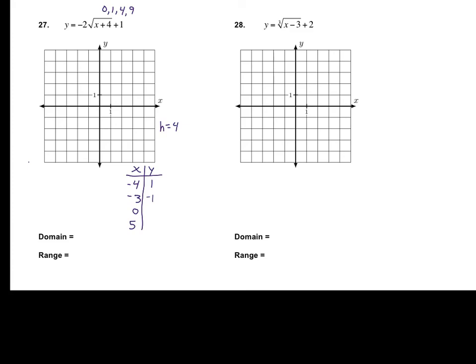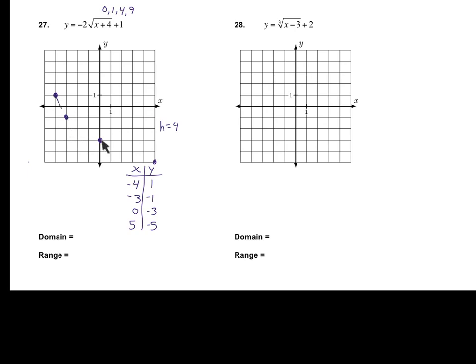When we plug those in, we get the square root of 0 times -2 is 0, plus 1. Since we have -2 for an a value, our graph's going to be going down now, and it's going to be going down by a factor of 2. So now, instead of going down 1, it's going down 2.